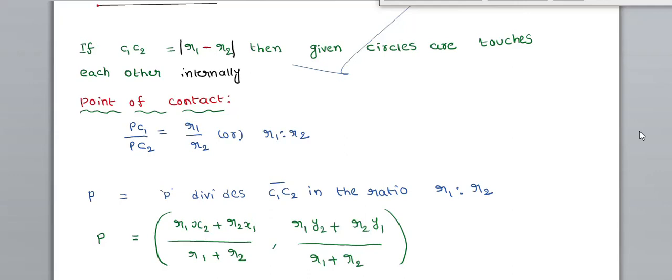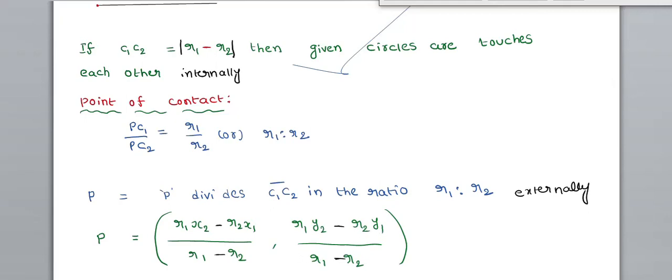P divides C1C2 in the ratio R1 is to R2 externally. So you take the symbol as minus. So R1 x2 minus R2 x1 by R1 minus R2, R1 y2 minus R2 y1 by R1 minus R2.